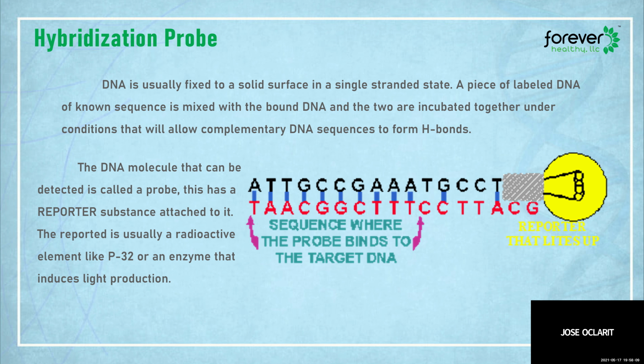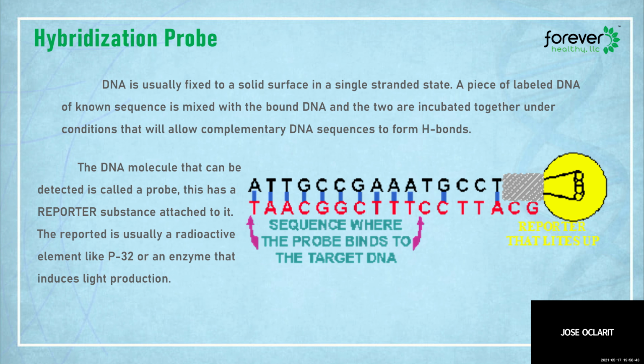So that is the application of genetic engineering, in the identification of the unknown DNA you want to find out. If I want to find out whether you have the asthma gene or not, I will use an asthma probe. So I will first obtain the DNA from your blood, then fragmentize your DNA, and then attach those fragments to a particular cellulose paper, and then introduce the probe, and then hybridization.